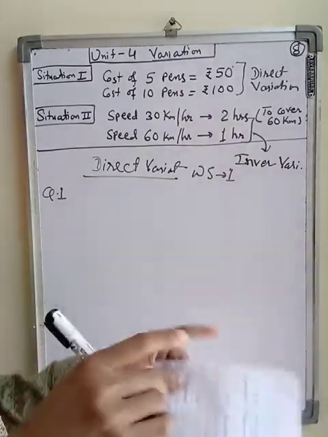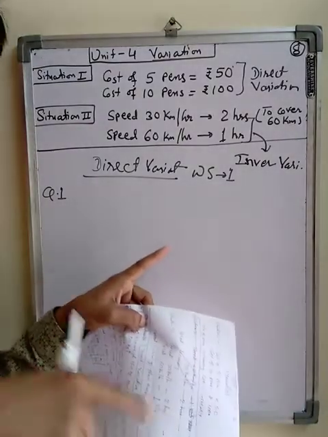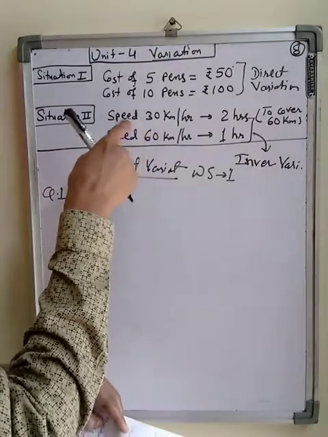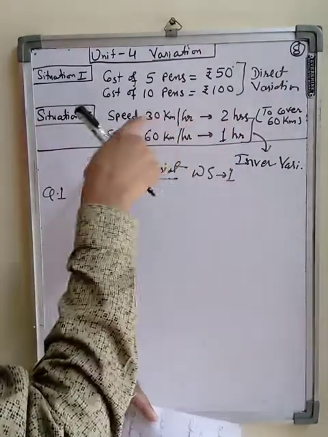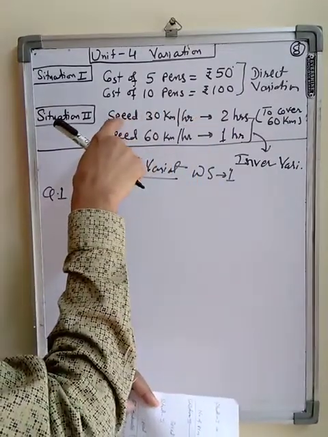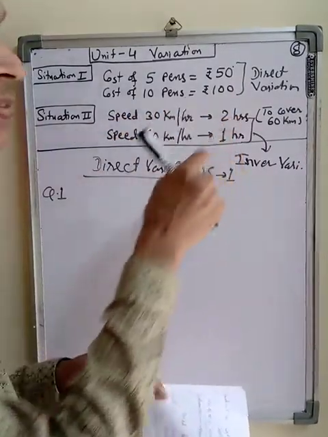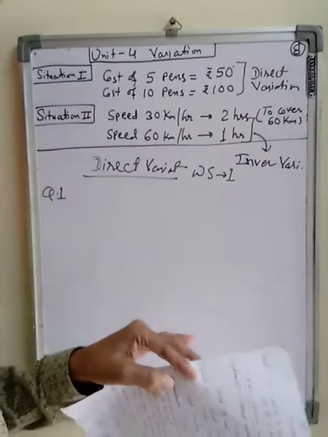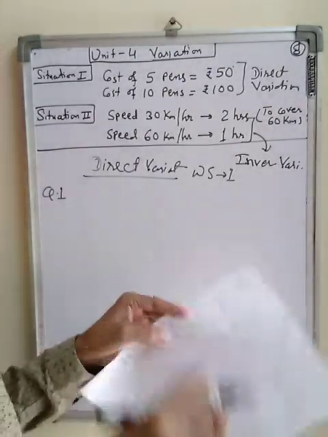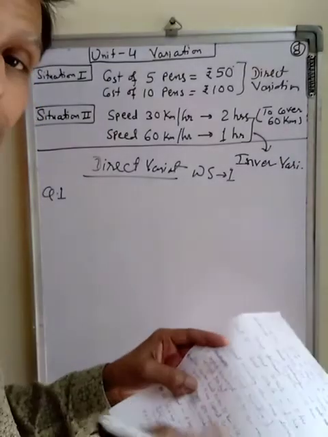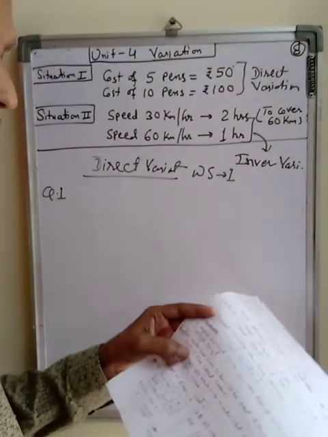So the relation between distance and time is also direct variation. Earlier, the relation between speed and time was inverse variation. And the relation between distance and time is direct variation. So question number 2 is also a direct variation example.